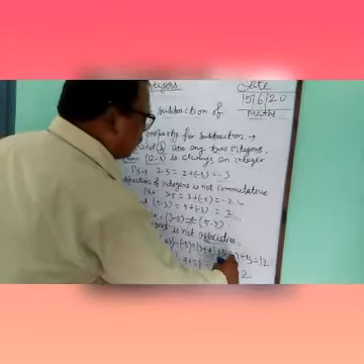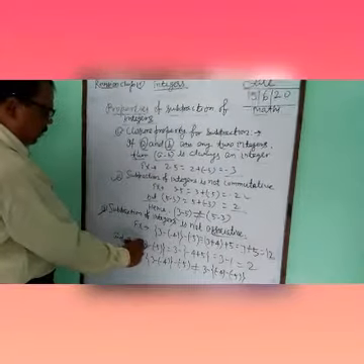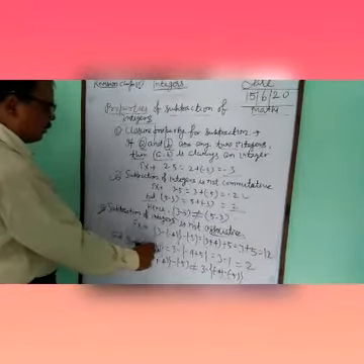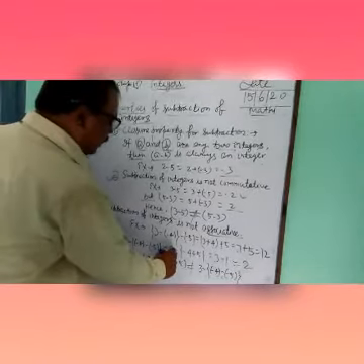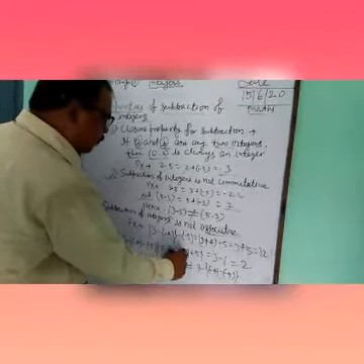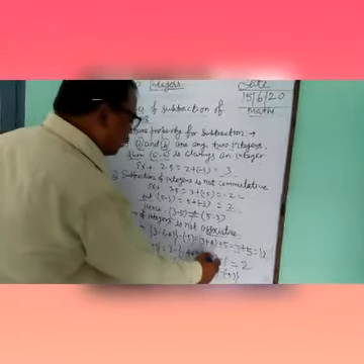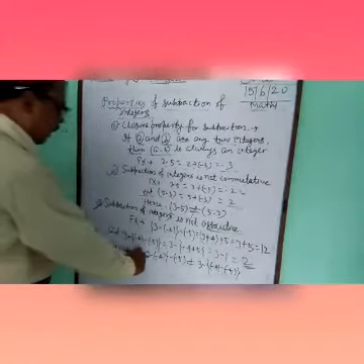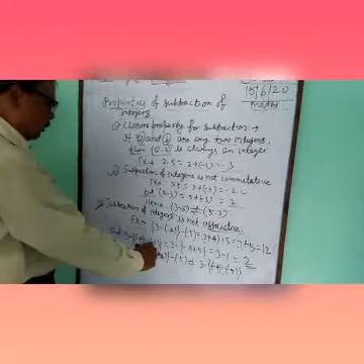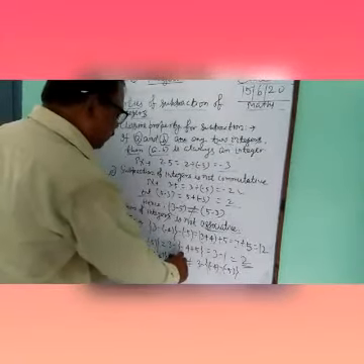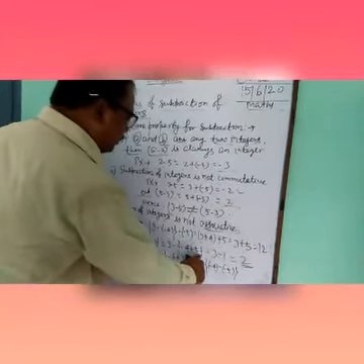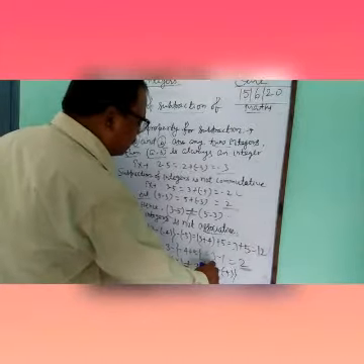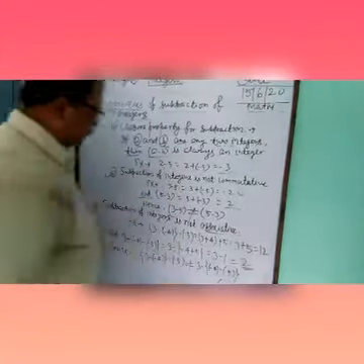And 3 minus (4 minus 5) is equal to 3 minus (-1) is equal to 4. So (3 minus 4) minus 5 does not equal 3 minus (4 minus 5).